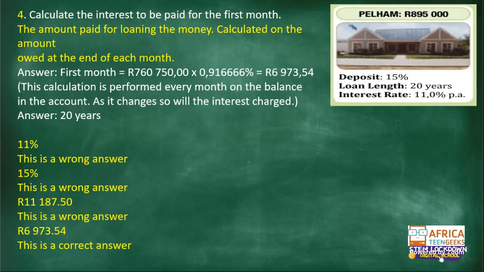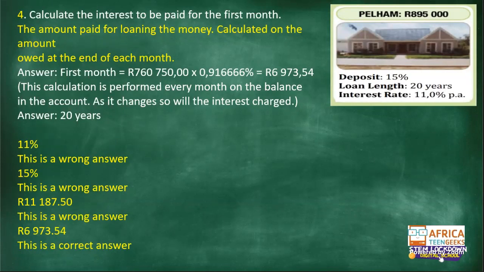And now we can proceed to the next one. Remember, the loan, as I said, will be running for 20 years. I'm not sure if there's a question before one can proceed as far as calculating the interest rate is concerned.